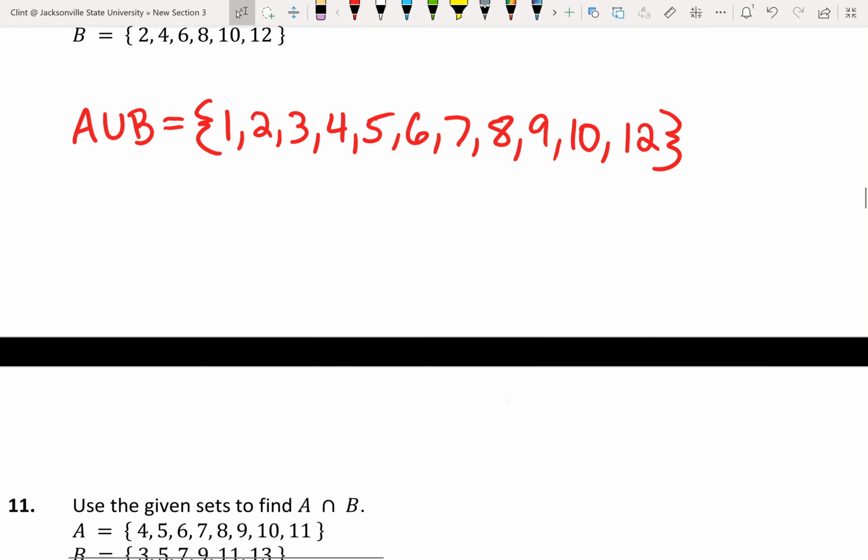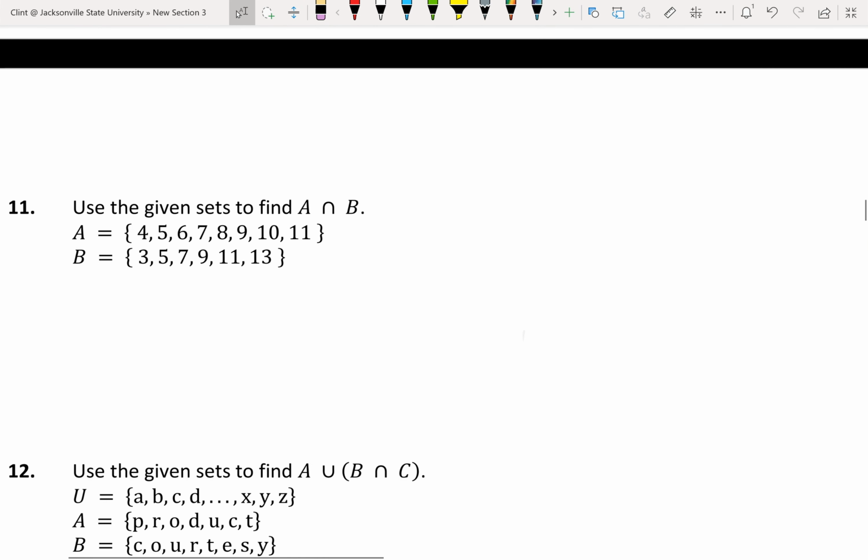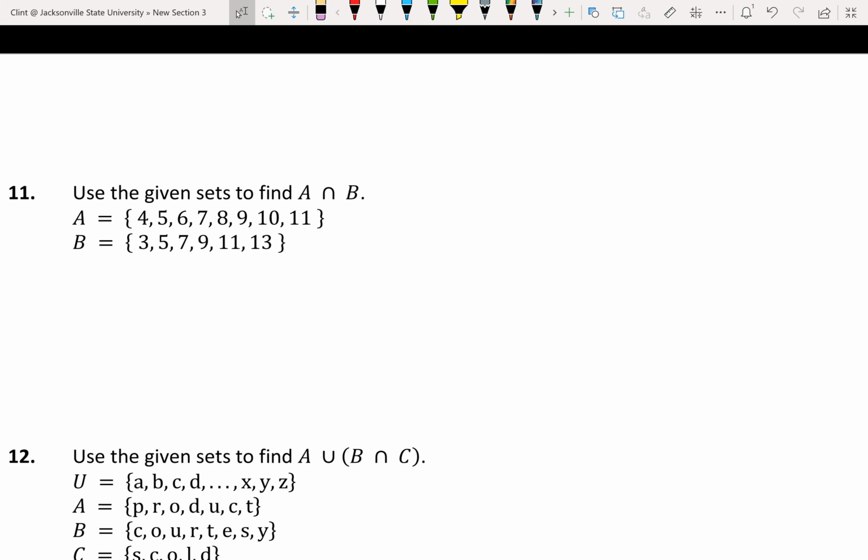Okay. Number 11, we're going the other way. This time it says find the intersection of A and B. So for the intersection, the only elements that are going to be in the intersection are the elements that are in both sets. Okay? So like here, 3 is not going to be in the intersection because it's only in B. But 5 will be in the intersection because it's in both.